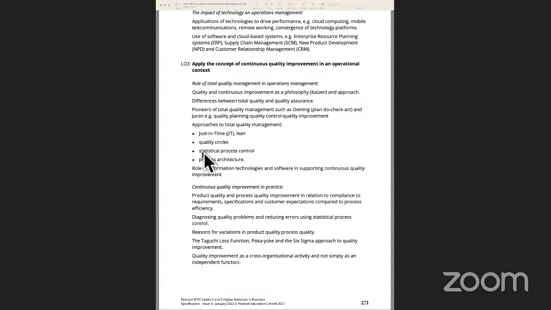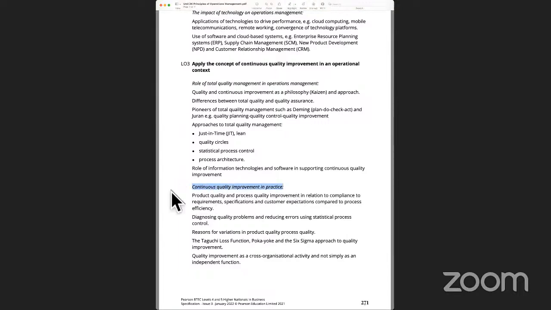So Joseph Juran and Edward Deming are basically credited with documenting and creating some of these techniques which we use today, apart from Toyota Motors and some of the manufacturing companies in Japan, which led to the creation of Kaizen or continuous improvement, CQI, continuous quality improvement as a process.